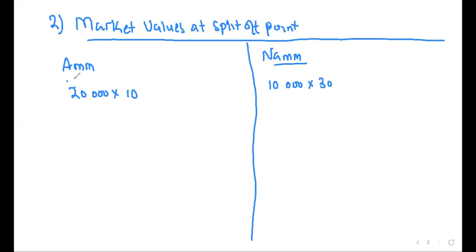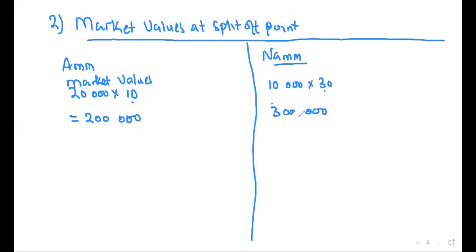These are the market values. The market value for ARM is 200,000. Then the market value for NAM is 300,000. Am I right? Yes.